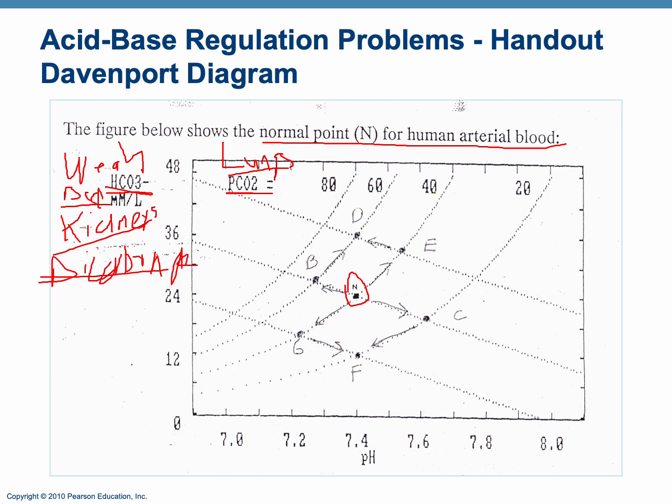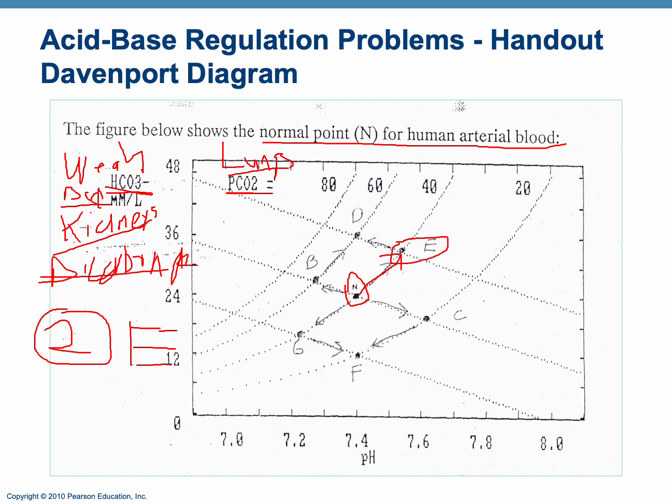All right. Number 2. So number 2, we're looking at the acid-base state indicated by letter E on the graph. So we're going from N, normal, and now we're going up, and we have a patient that has slipped into this point on the graph, letter E. And we'll circle this one more time here.